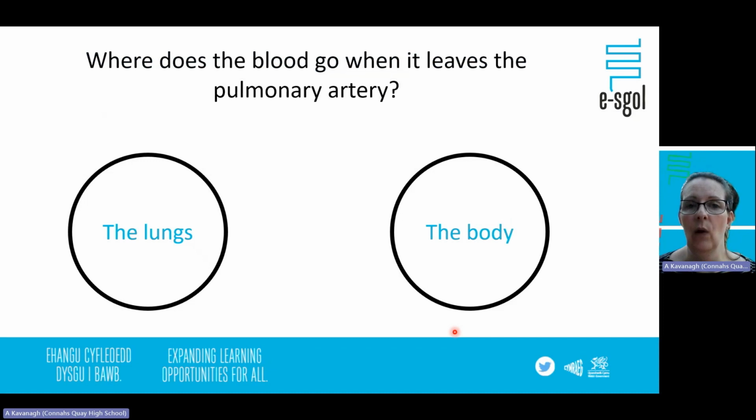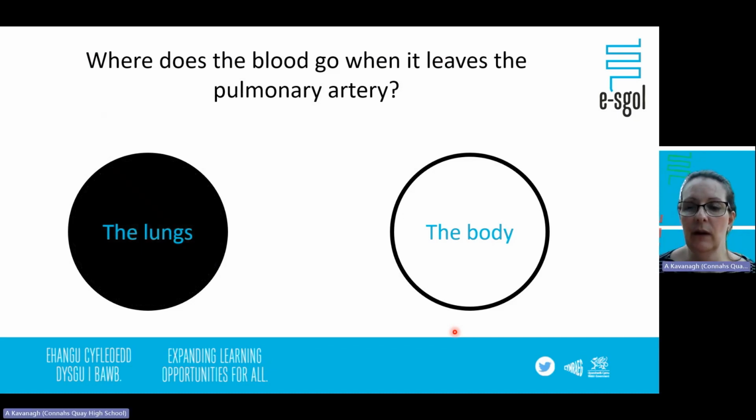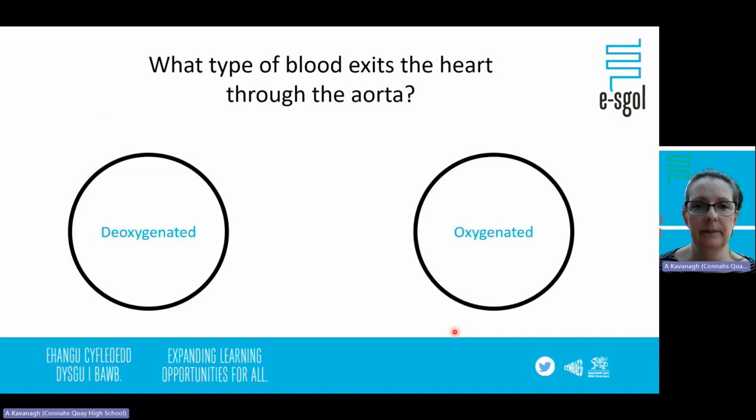Thirdly, where does the blood go when it leaves the pulmonary artery? Does it go to the lungs or does it go around the body? It goes to the lungs. Well done if you got that. Remember, we talked about anything that uses that term pulmonary refers to the lungs. What type of blood exits the heart through the aorta? Is it deoxygenated or oxygenated blood?